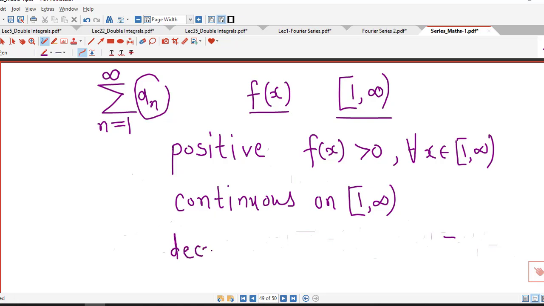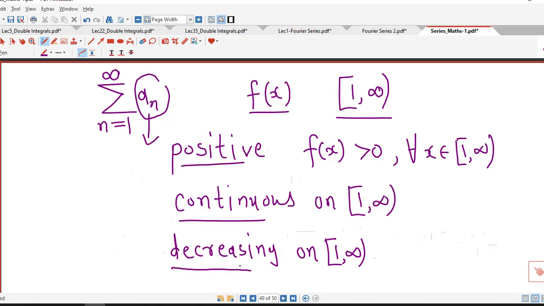And the third requirement is the function is decreasing on [1, infinity). So if our function f, which we have constructed from the nth term, is positive, continuous and decreasing on [1, infinity), then we can apply the integral test.